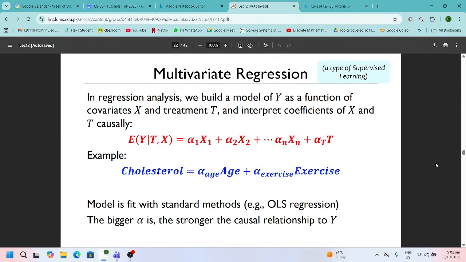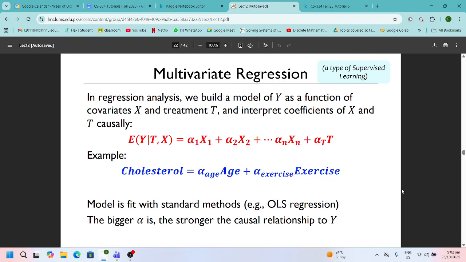Similarly, you have multivariate regression. For those of you who have already taken ML, you're already familiar with regression as well. For those of you who haven't, do not worry about it because we will cover regression in this course too, in module 4, which we will be starting soon inshallah, and then I'll hold a tutorial to go over that in code as well.